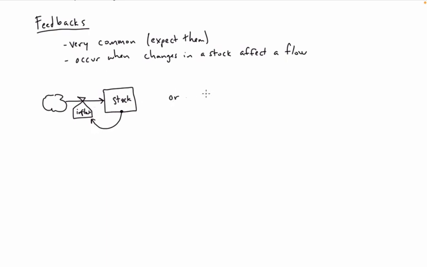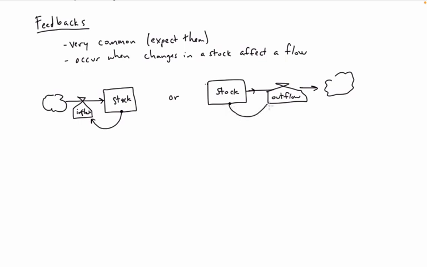Another possibility would be that the stock affects the outflow. I'm going to try writing the word first. So in this case, the level of the stock affects how rapidly the stock decreases or increases.